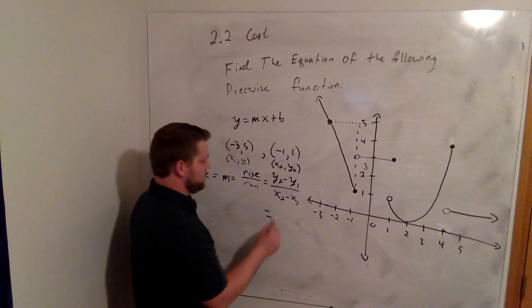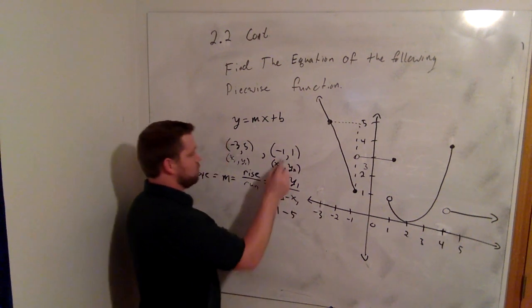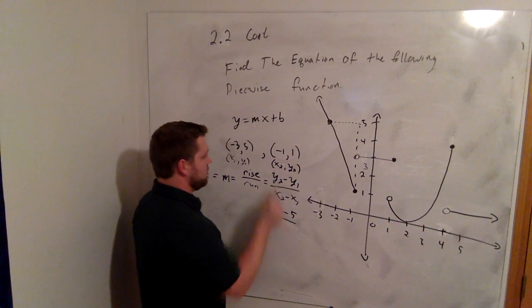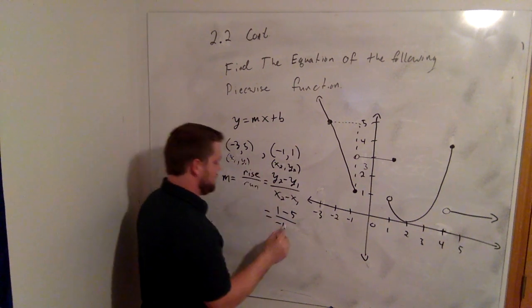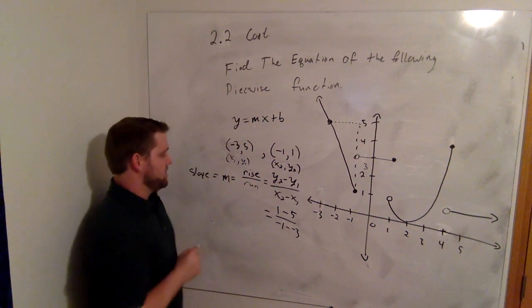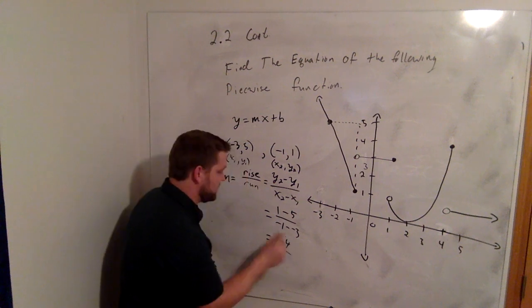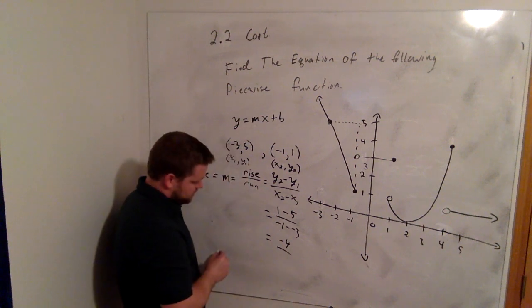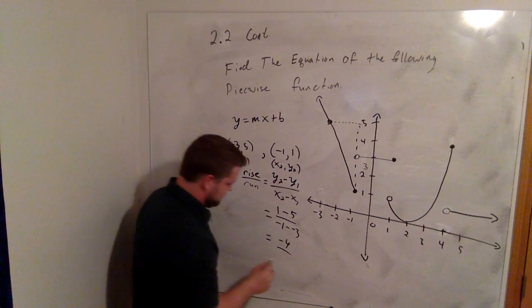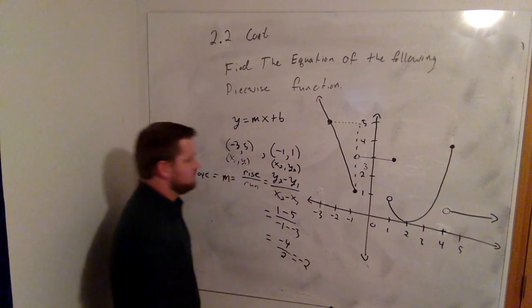Our y2 value is 1, and we subtract 5, so y2 minus y1, all over x2, negative 1, minus negative 3. That gives negative 4 over negative 1 plus 3. Negative 1 plus 3 is 2, so our slope is negative 2.